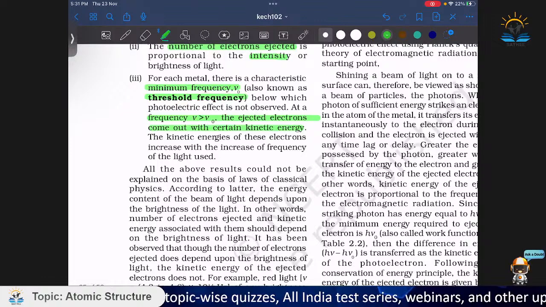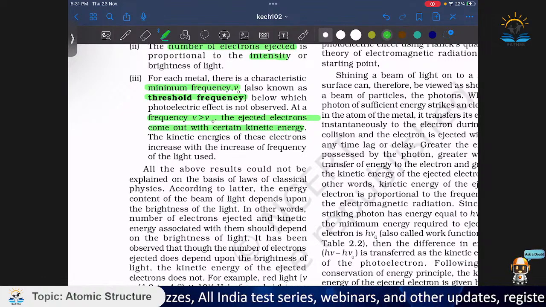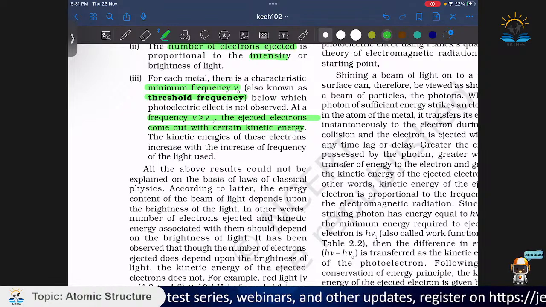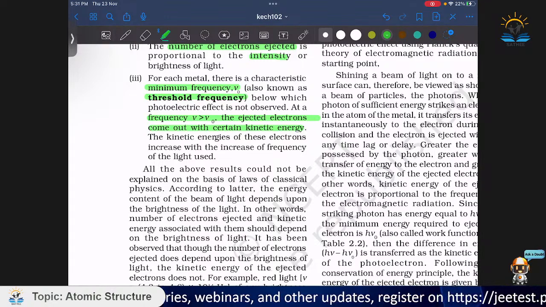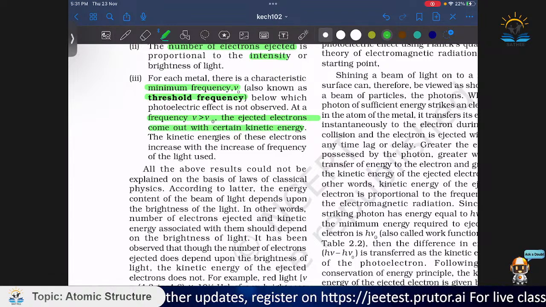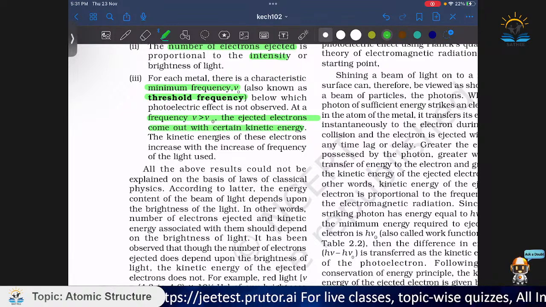So what is happening? One photon of light comes and strikes, one electron will be released. Hundreds of photons come and strike, hundreds of electrons are released. So you see the intensity game. Hundreds of photons means the light is more intense, so the number of electrons ejected increases. The number of electrons ejected is increased if you increase the number of photons, or the intensity. But each of these photons must have a minimum threshold frequency below which it won't be able to eject any electron.